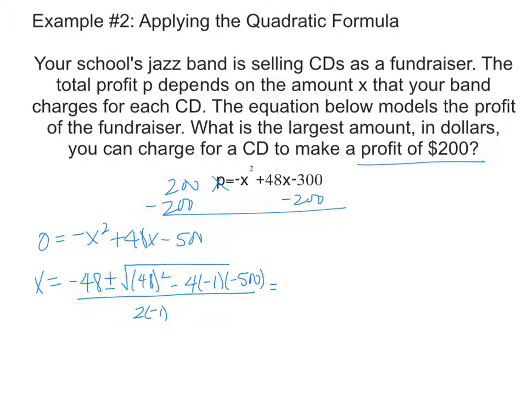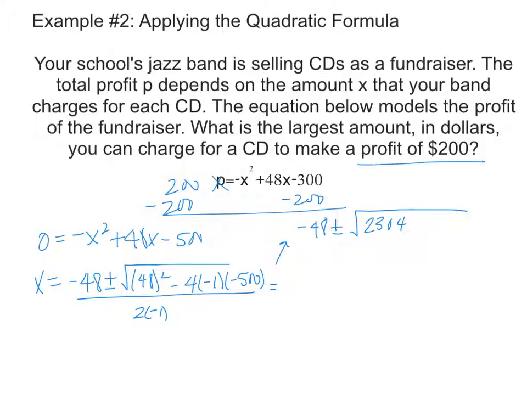That will give us negative 48 plus or minus the square root of, and I need to do that on my calculator. 48 squared is 2,304.